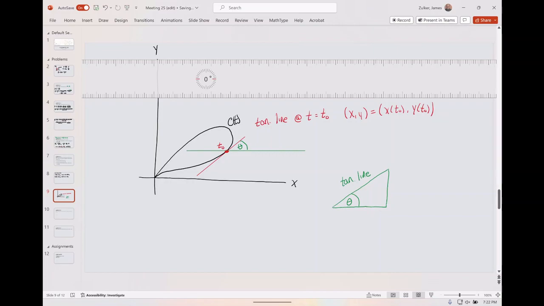This distance here would be x prime of t naught, the distance from the origin to that point if I'm moving the coordinate system.